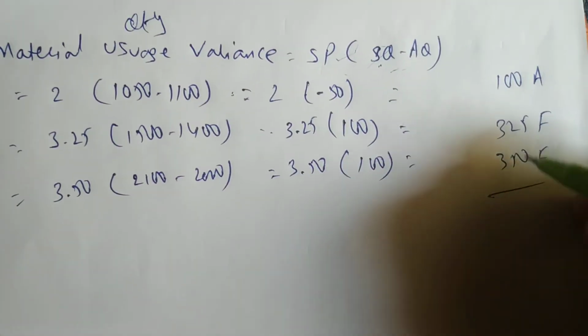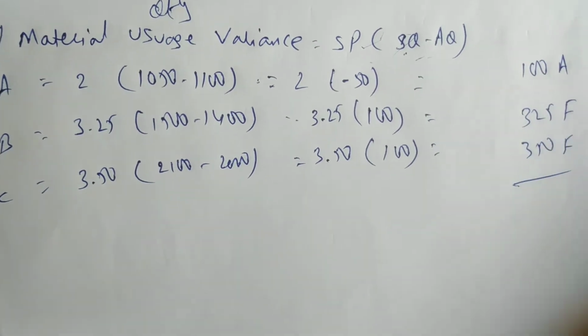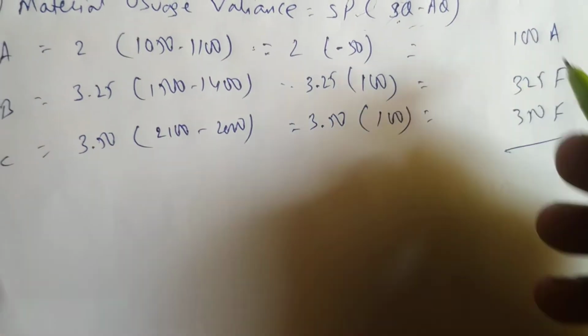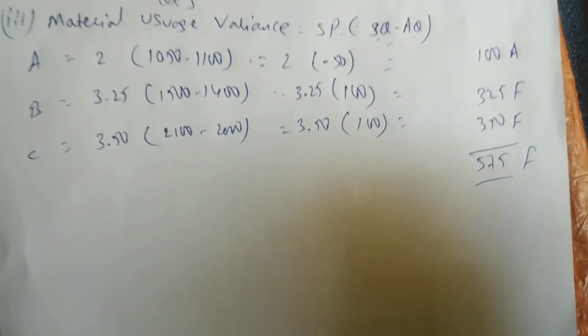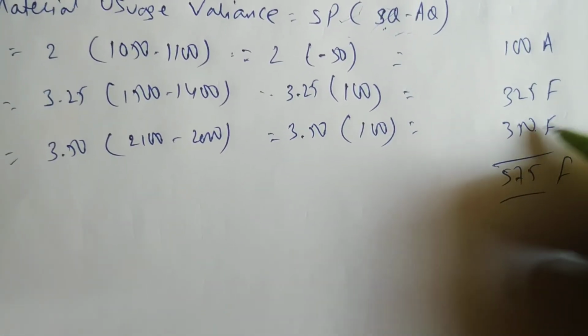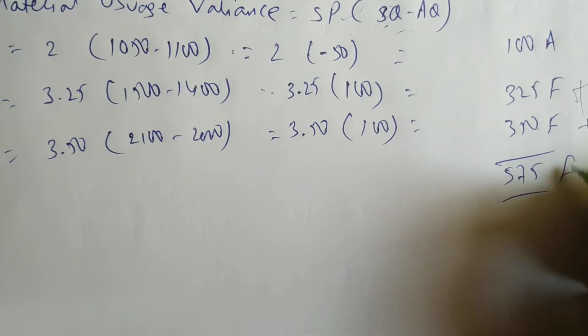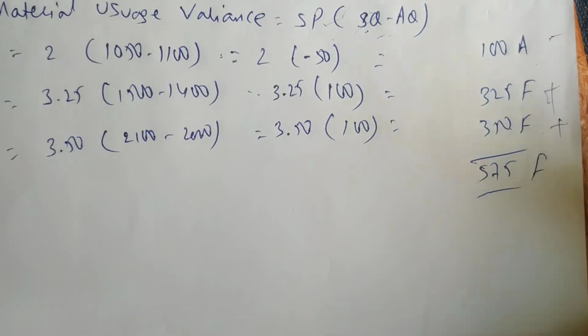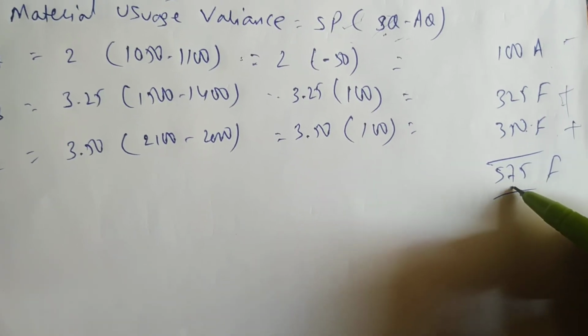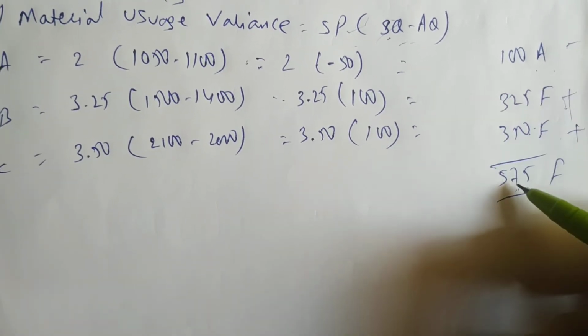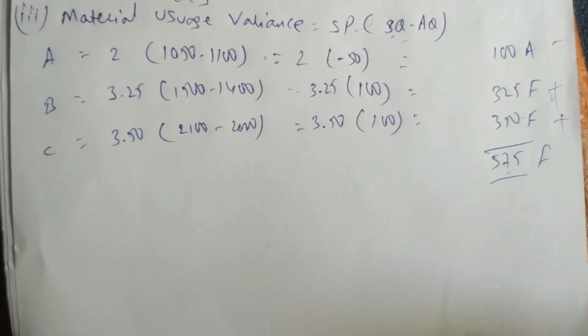So these both favorable you add: 350 plus 325, 675. Favorable means plus, so plus plus you add, and adverse means minus, you deduct. From 675 deduct 100, we get 575. Okay, so 575 is favorable.